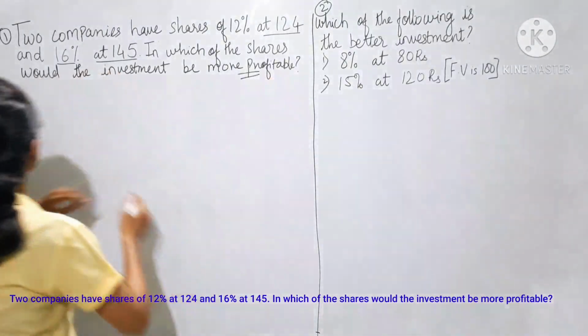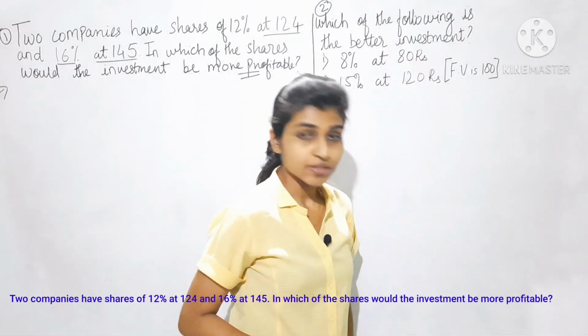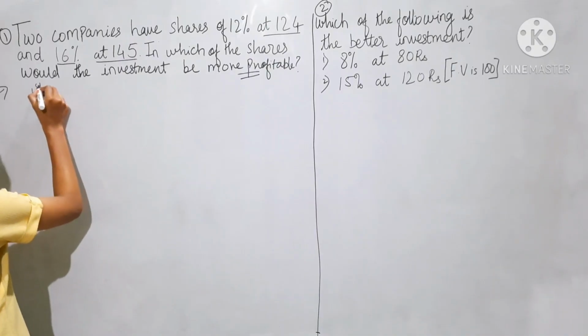So first, what is the solution for this? There are two companies. So first take the first company.